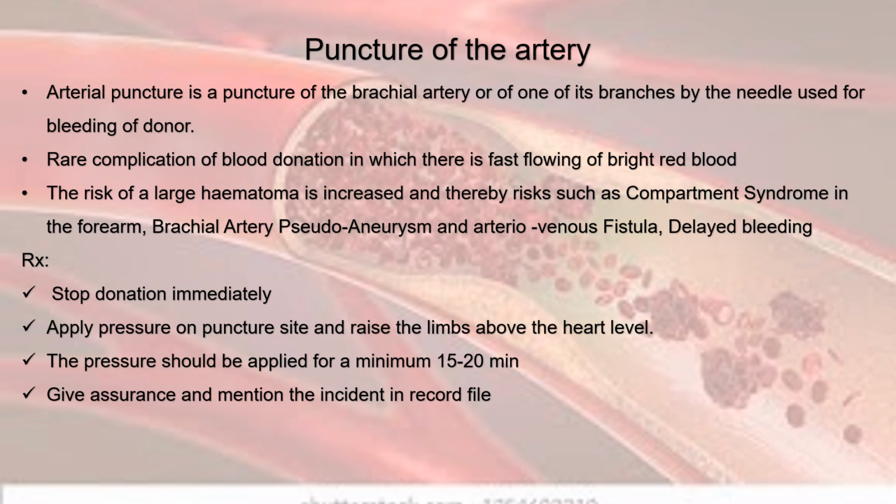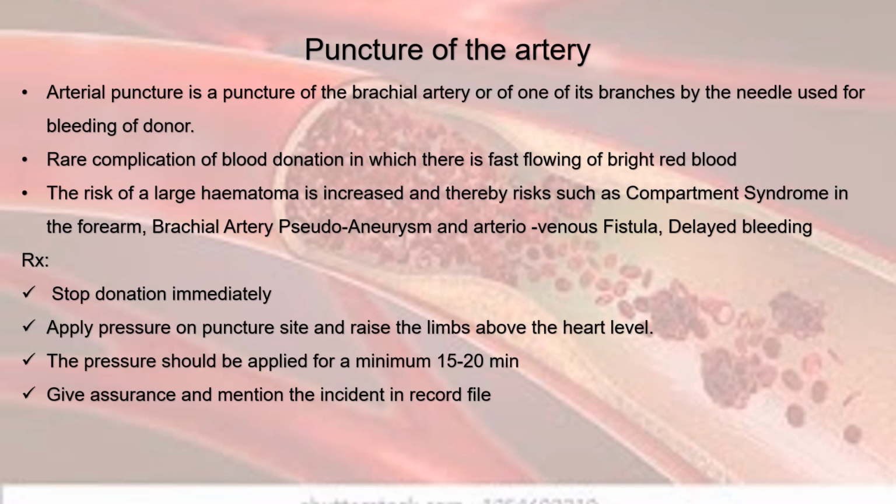Then puncture of the artery. Arterial puncture is a puncture of the brachial artery or one of its branches by the needle used for bleeding the donor. It is a rare complication, which can be observed when there is fast flow of bright red blood. The risk of a large hematoma is increased, for example if the donor has compartment syndrome in the forearm.